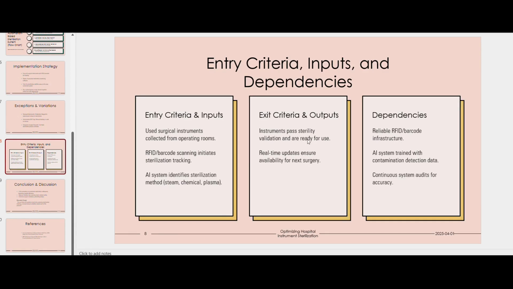The exit criteria and outputs: instruments pass sterility validation and are ready for use. Real-time updates ensure availability for the next surgery. Dependencies: reliable RFID barcode infrastructure, an AI system trained with contamination detection data, and continuous system audits for accuracy.